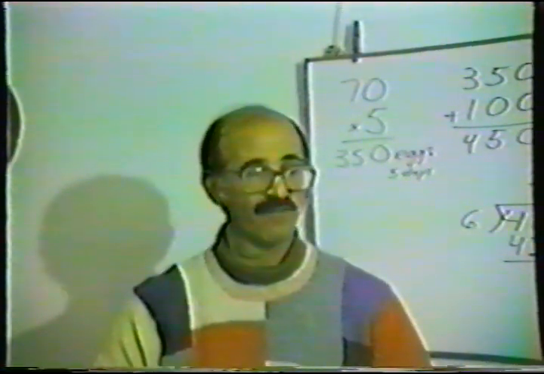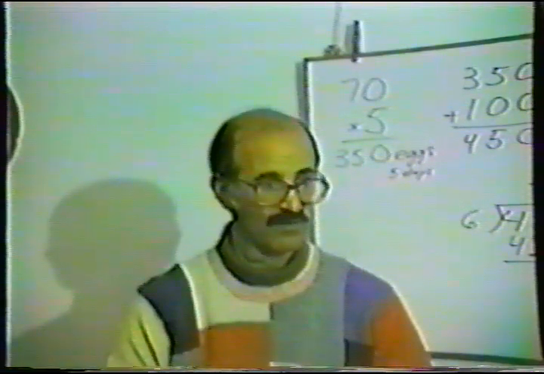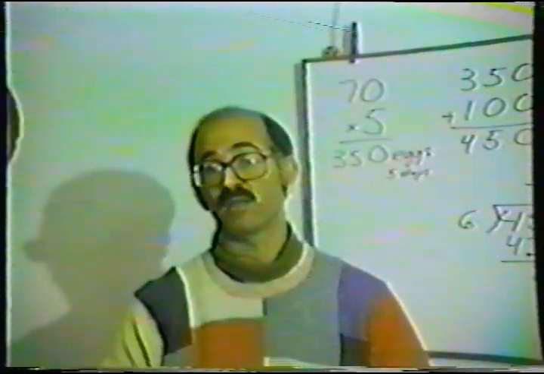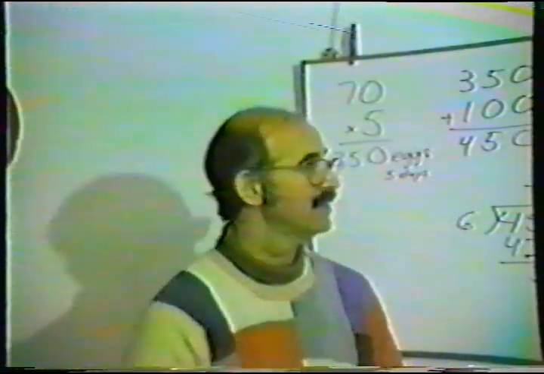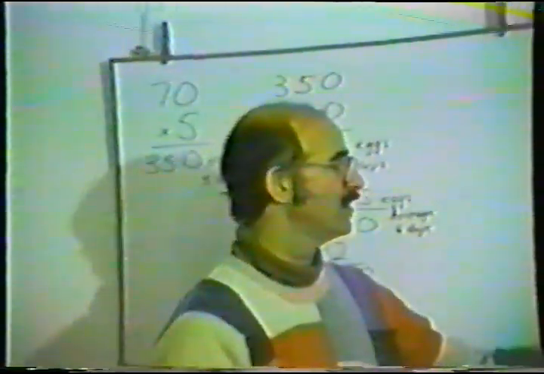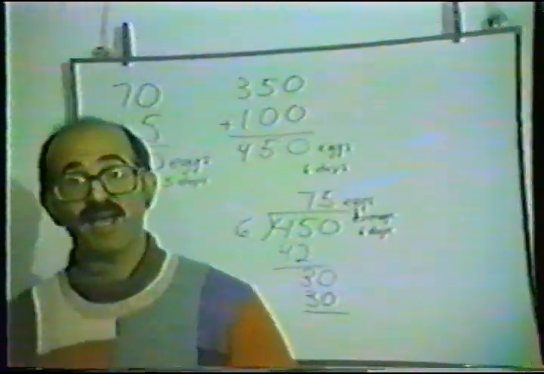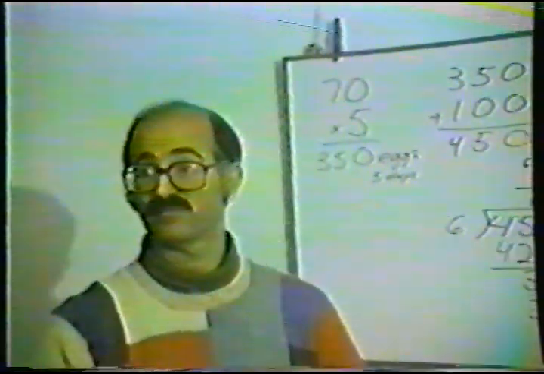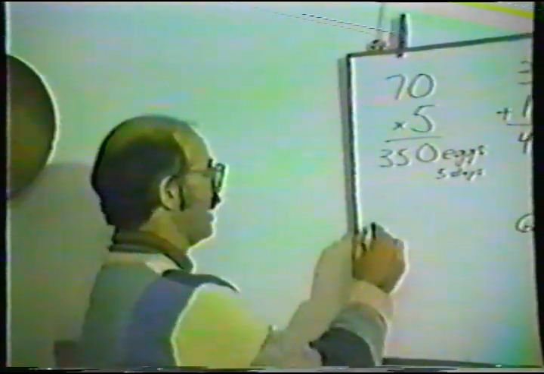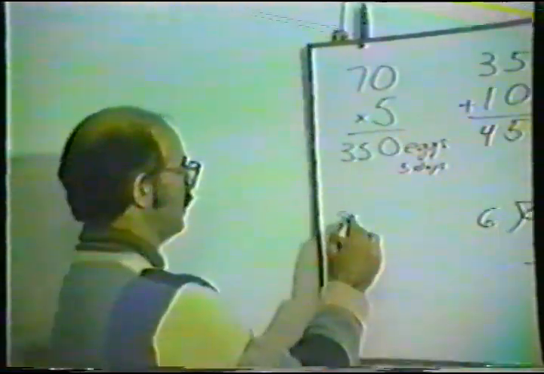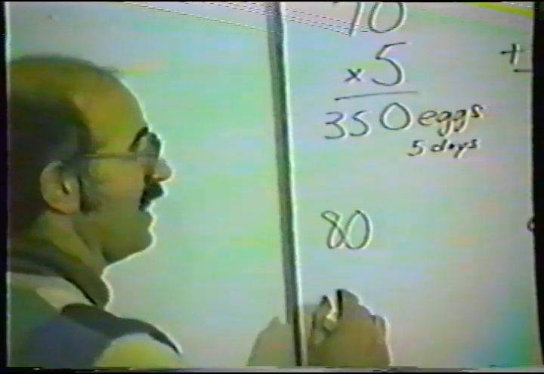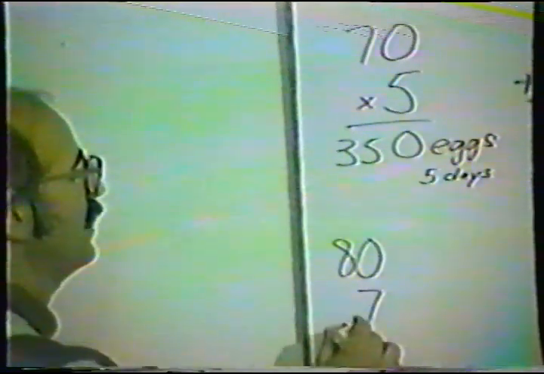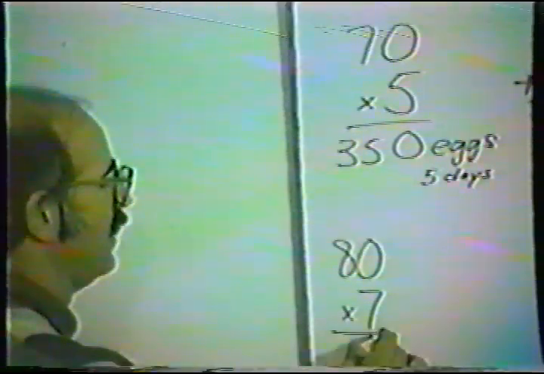To find the average, first we find the total and then we divide. What do we do with these two numbers of 80 and 7? Multiply. Multiply. The average has to be 80 eggs each day for 7 days.